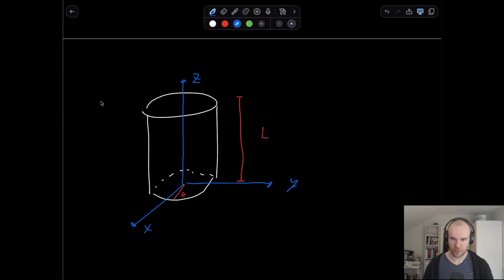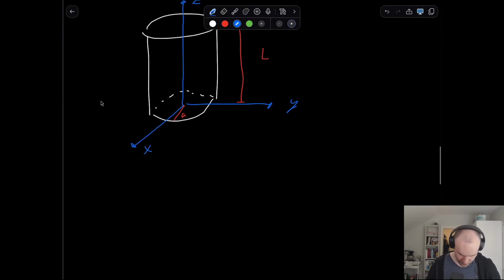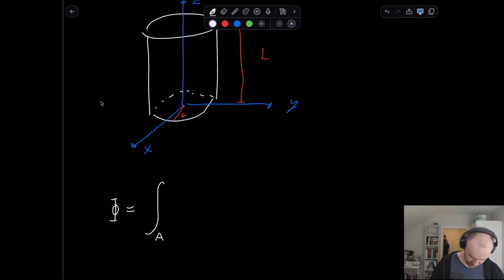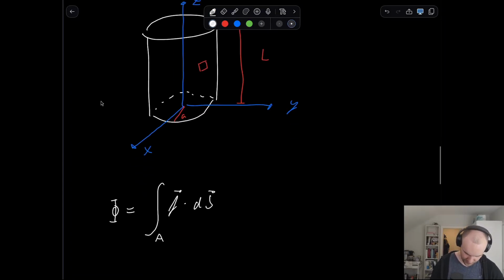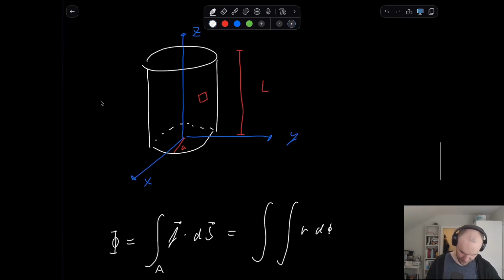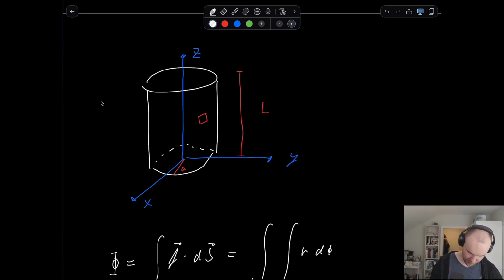Right, so here is our figure, and the flux, as we know, is equal to the integral over this surface A of F dot dS. dS is pretty easy. dS is just one piece here, and the bottom one is just polar coordinates, so that's just r d phi. So we can state that this integral is the same as r d phi, and on the top here it's of course just dz.